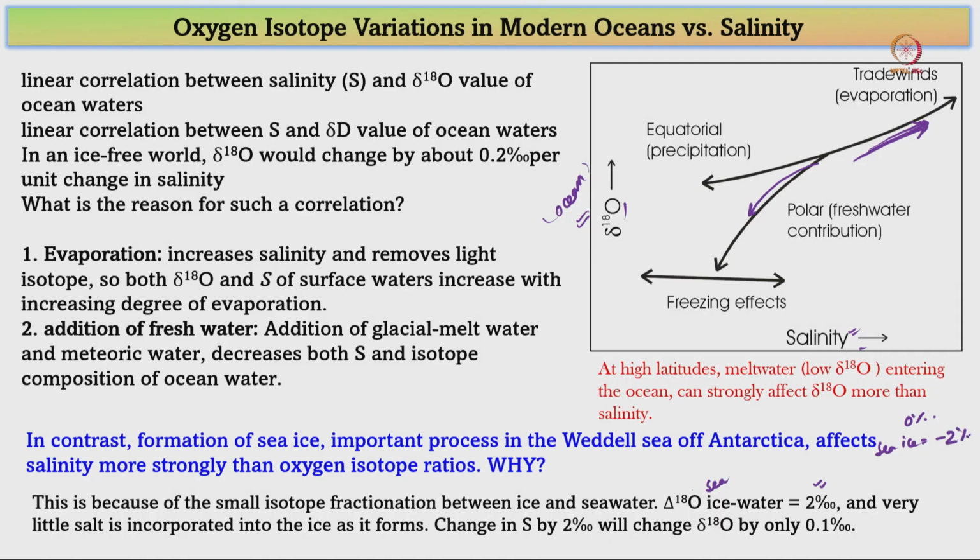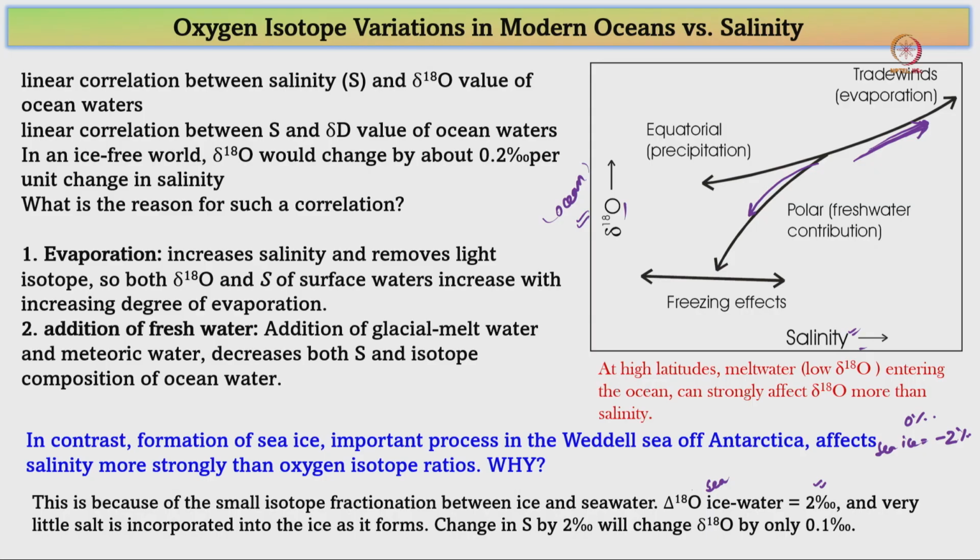But this ice will not incorporate any salt in its structure. All the salt will get pushed out of the crystal lattice. So, the water will get more and more saline, but the delta 18O value will not change as much.